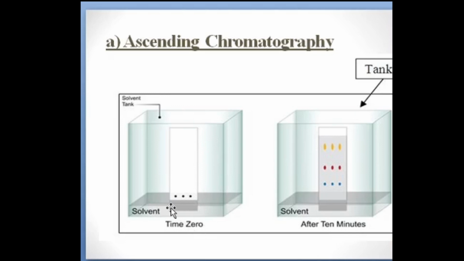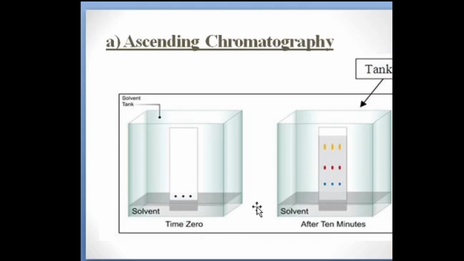So you draw a line with a pencil, and then you mark the points where you want to put the samples. For instance, here we have 3 points where you put the sample. Just a small drop, not too much, of the sample on those points.